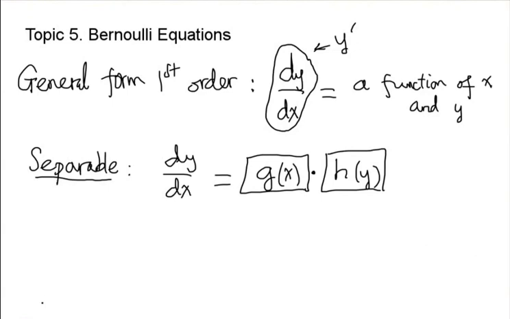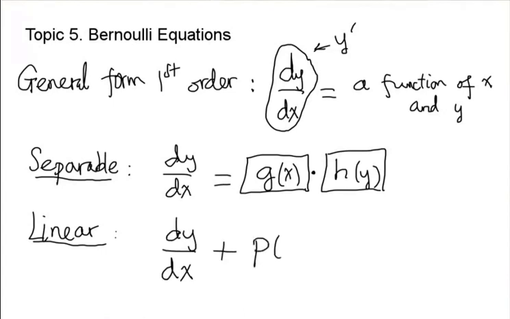And another type that we have learned in the previous lectures is the linear equation. Linear equations are not separable equations, but they can be written in the form, called the standard form, dy/dx plus p(x) times y equals q(x).